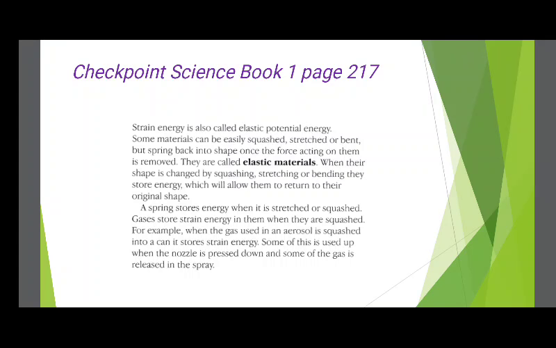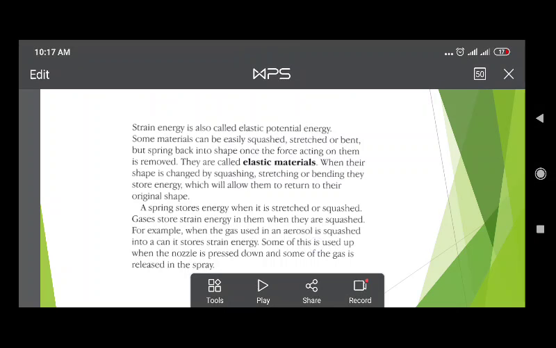When their shape is changed by squashing, stretching, or bending, they store energy which will allow them to return to their original shape. Okay. Now, it means when you stretch the material, or when you bend them, or you compress them, whatever it is, that's when they have the strain energy. And this energy is the one which allows them to return to their original shape.